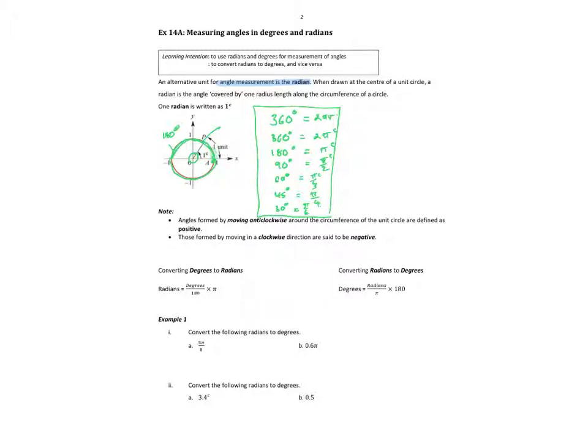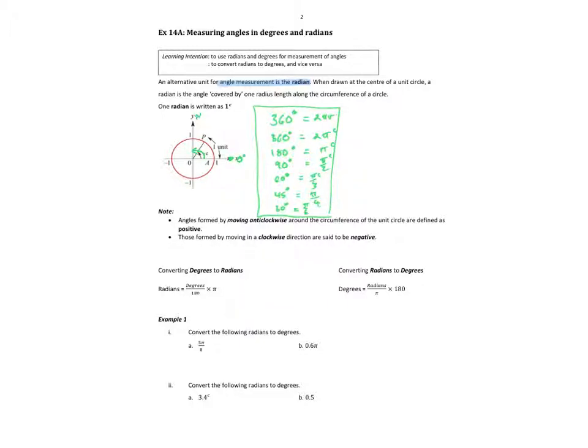The other thing to take note of is that when we measure our angles, for those that have done some bearing questions, we normally start from north and work our way around. Well, in circular functions, we always start from the x-axis and make our way around. That's 0 degrees there.